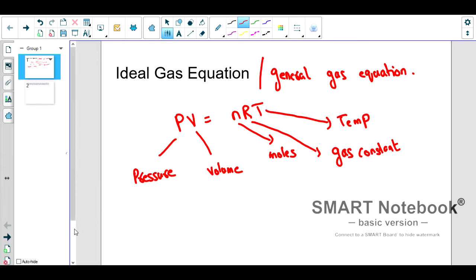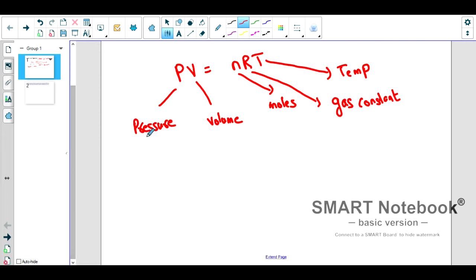Now there is one thing here. When you want to use this equation, PV equals nRT, you have to make sure of the units, because there is a constant value involved and the value is 8.31 joule Kelvin inverse mole inverse. This is the fixed value, 8.31.